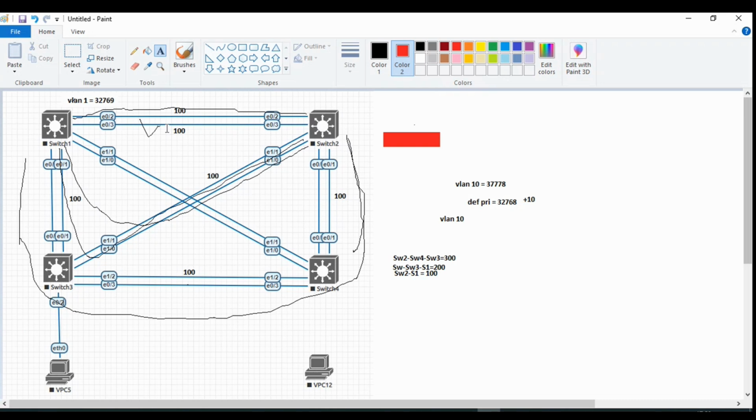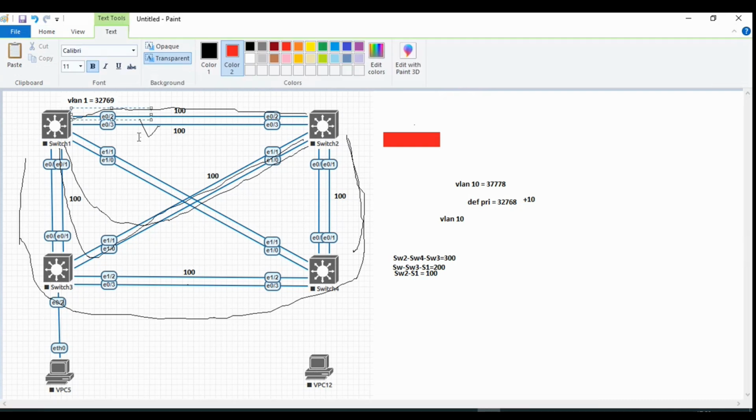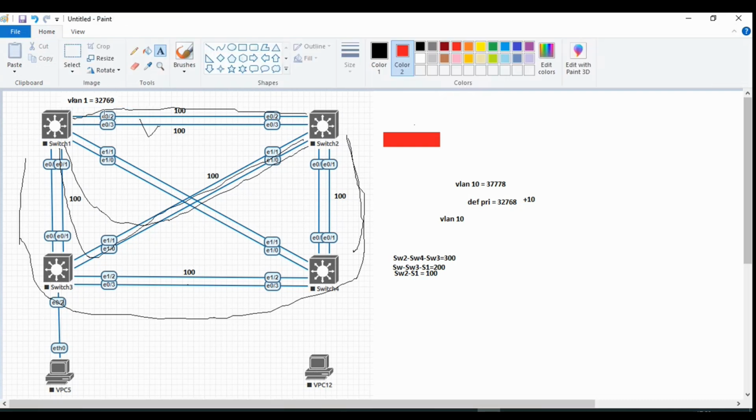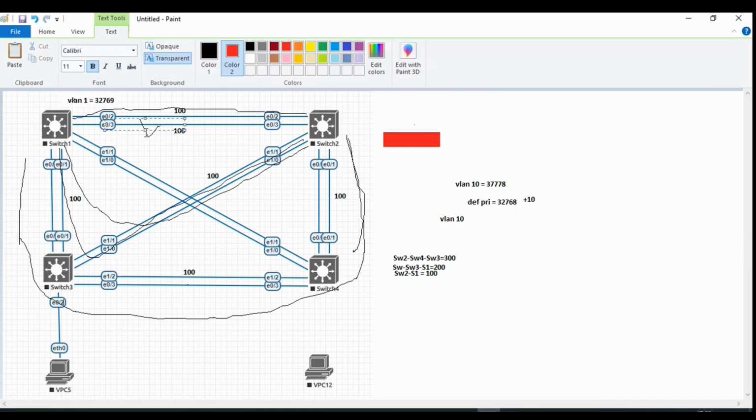When the path costs are equal, then switch 2 listens for the BPDU from the lower interface. Listen, when switch 2 receives a frame from the lower interface. In this design, on switch 1 the lower interface is link E02 and the higher link is E03.